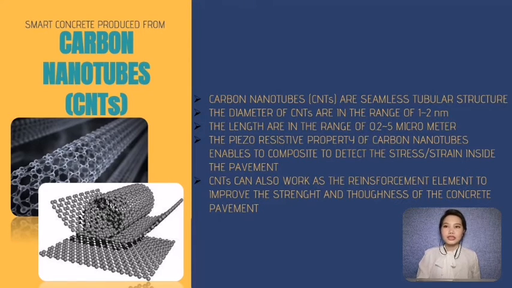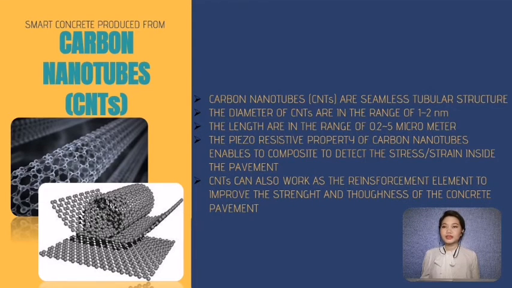It also provides high elasticity, tensile strength and yield strains and can be used as a reinforcing material for concrete. Also, the piezo-resistive properties of CNTs enable the composite to detect the stress and strain inside the pavement.